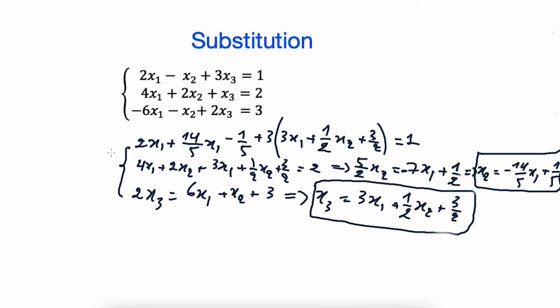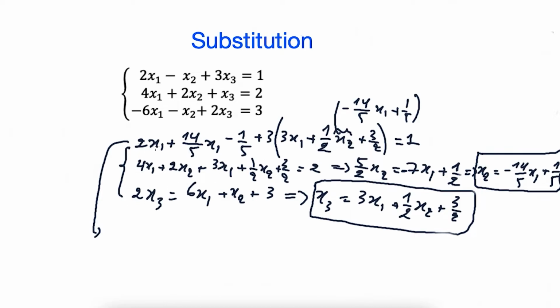So here we have x1 in several places, and also 1/2 x2, so we can replace the value of x2 here by minus 14 over 5 x1 plus 1 over 5.